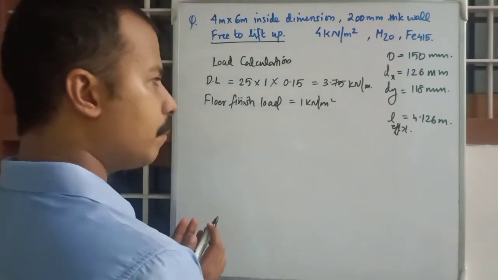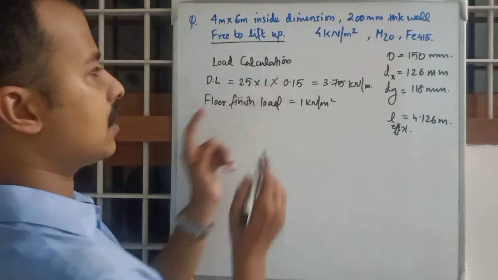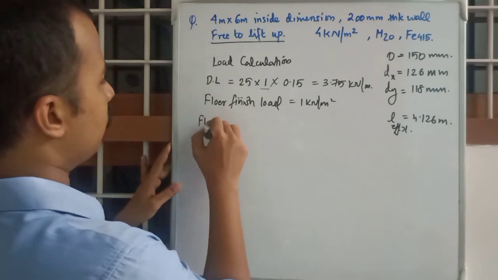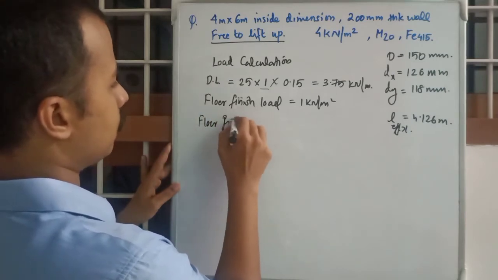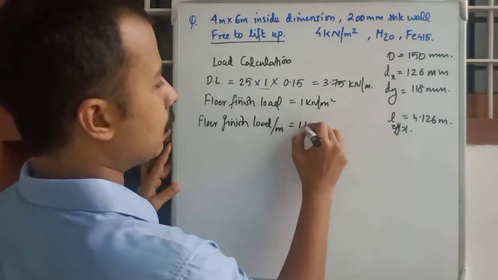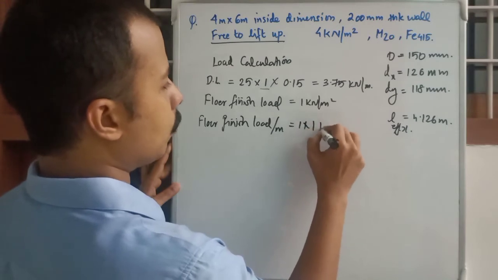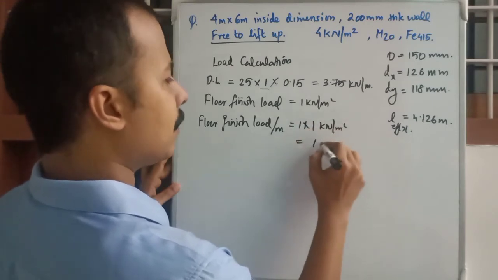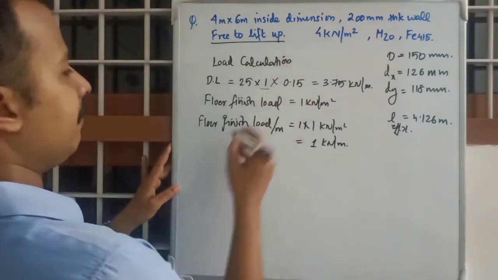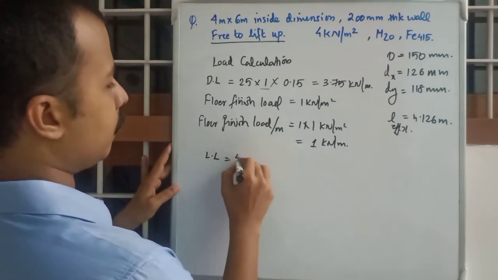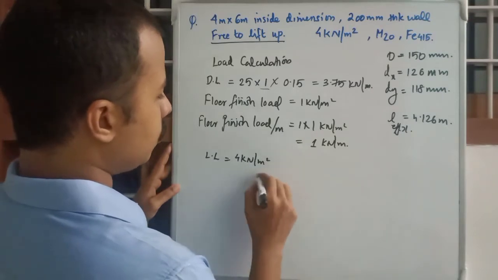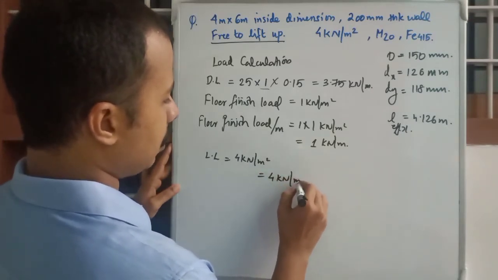Converting it into per meter terms, because we are considering 1 meter of width, floor finish load per meter is equal to 1 into 1 kilonewton per meter square, that will be 1 kilonewton per meter. Okay, and live load is equal to 4 kilonewton per meter square. In a similar way, we will convert it into 4 kilonewton per meter.